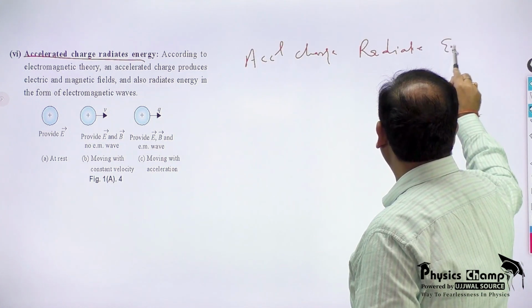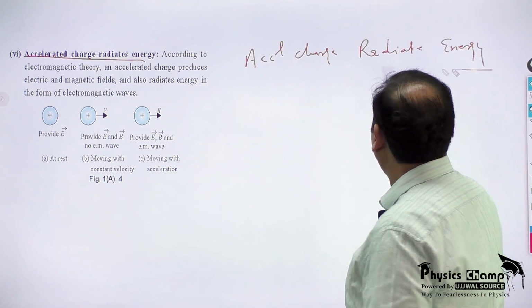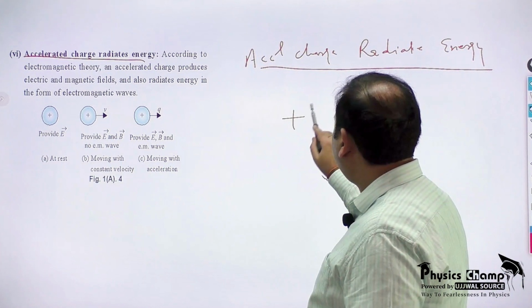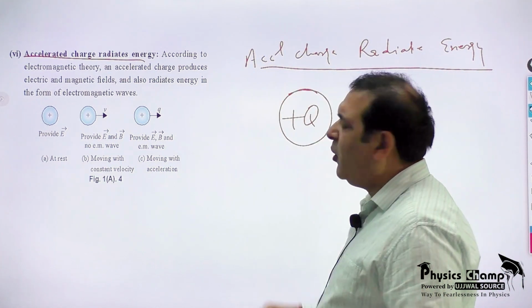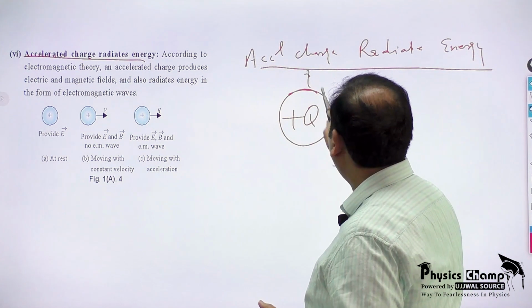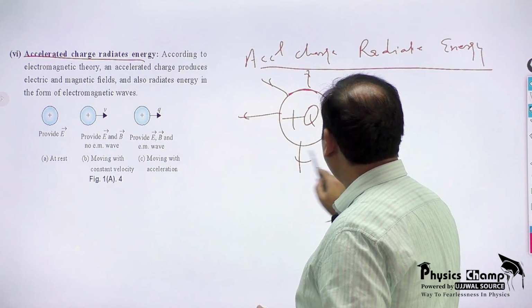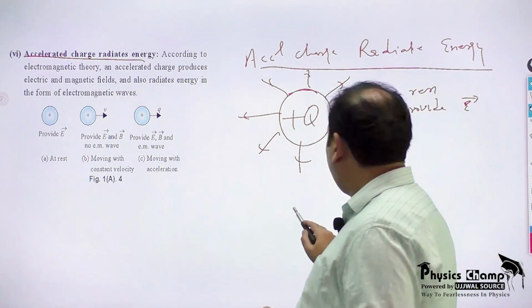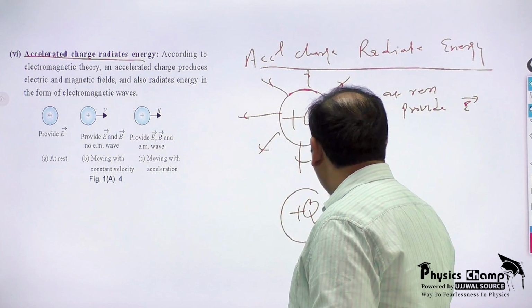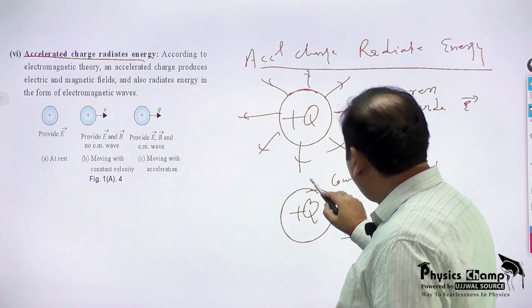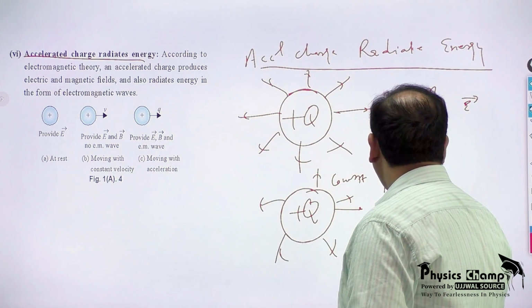Another property is that an accelerated charge radiates energy. This is a very important property. If you have a charged body at rest, it will provide only an electric field. On the other hand, if you have a charge moving at a constant speed, say V, it will provide an electric field as well as a magnetic field.